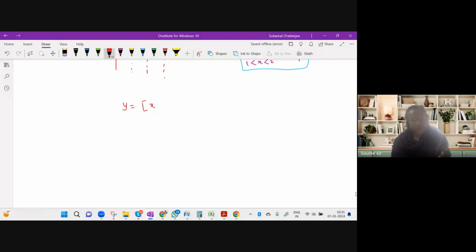Now, if I give you this, x square minus 4, and x is lying between -3 to +3, find the number of points of discontinuity. Try this.